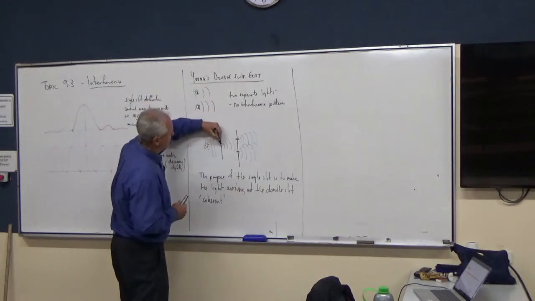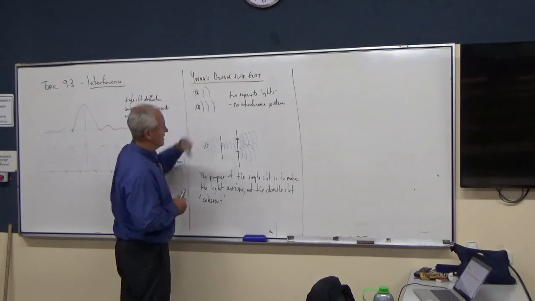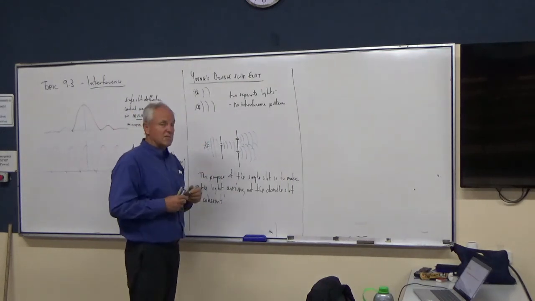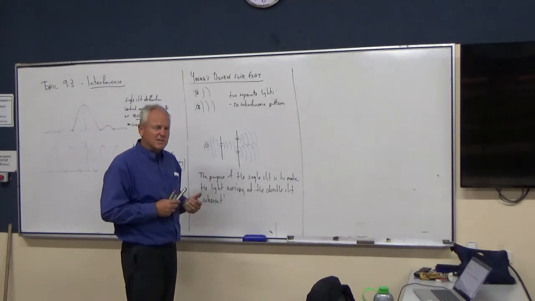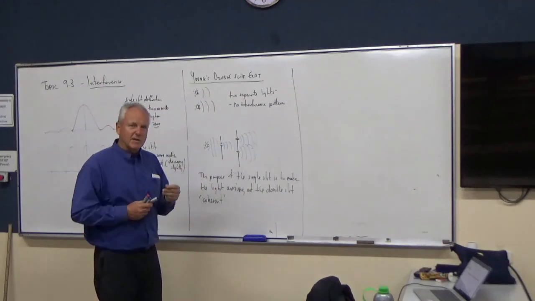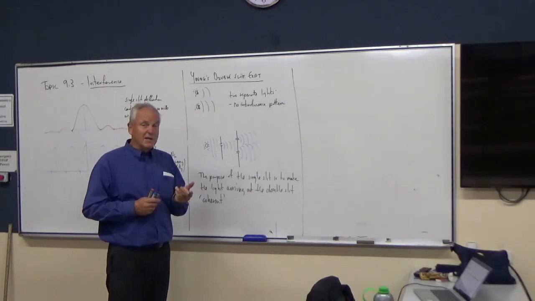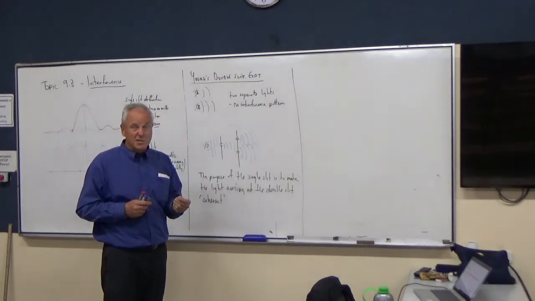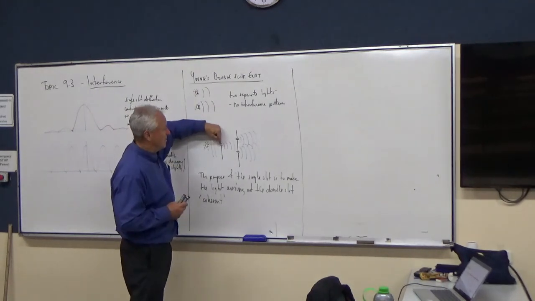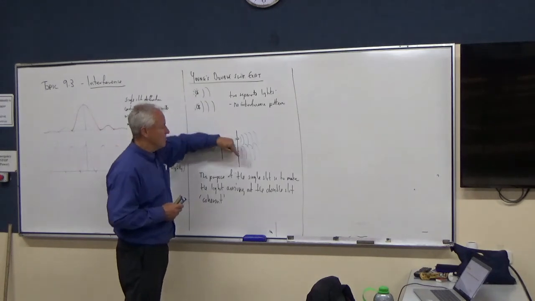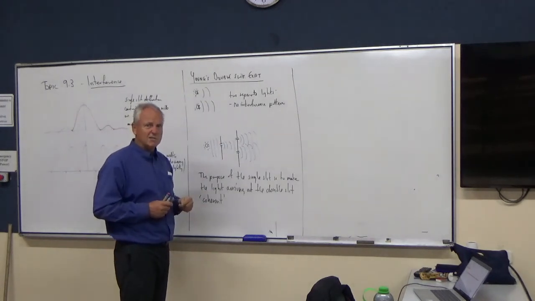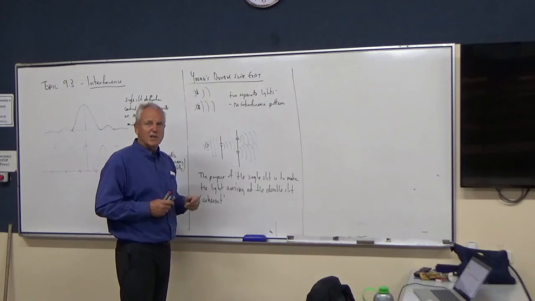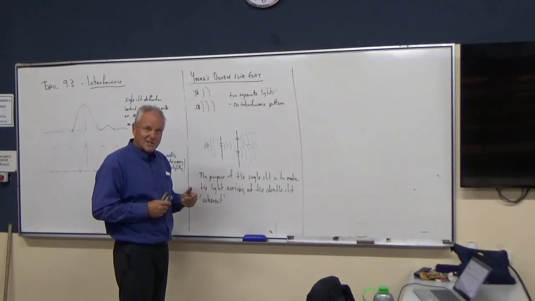When the light comes from here to there and from here to there, those distances are about equal, but they're not exactly equal. Certainly not when you talk about the wavelength of light being 10 to the minus 7 metres. So this might be 3 centimetres here and 3.1 centimetres here. Yeah, close enough. But that's still hundreds or thousands of wavelengths different.